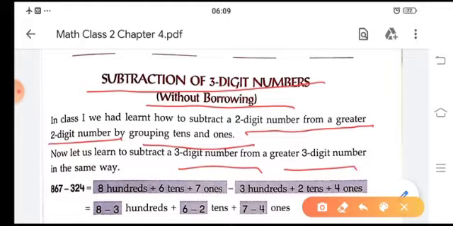So let us subtract 324 from 867. First we write it in expanded form: 800, 6 tens, 7 ones; 300, 2 tens, 4 ones. So we'll take hundreds on one side: 8, 3, then 6 tens, 2 tens, 7 ones, 4 ones.